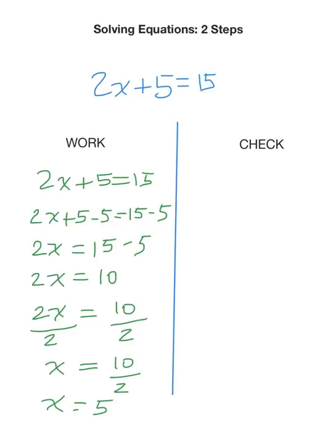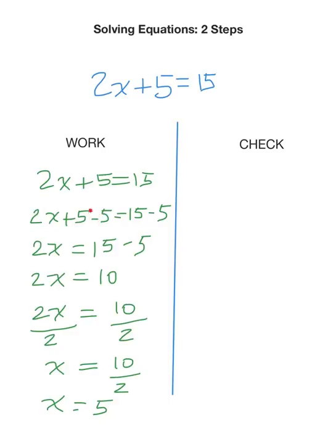So just to review, here we have our equation. In order to show our work, first we write down our equation. Then we ask ourselves, how can we begin to isolate the variable? In this case, the variable is x. Well, let's start with the 5. In order to get rid of this 5, we are going to subtract 5, and that way it becomes 0.